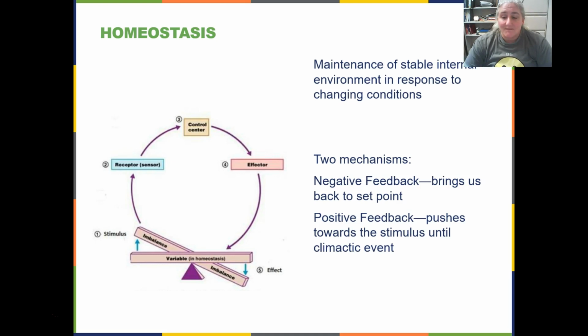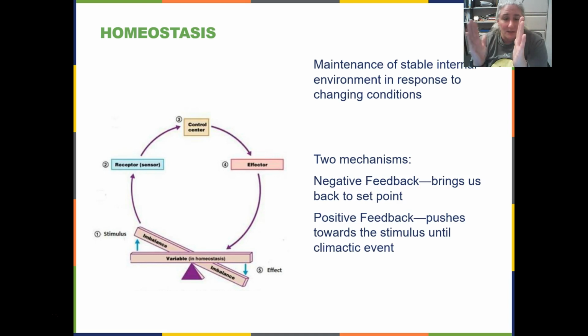Positive feedback is not as common, but it's still very important. In both cases, we are bringing our bodies back to homeostasis. So with negative feedback, here is a set point.